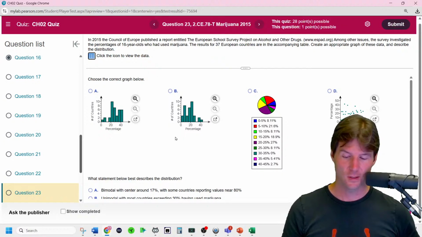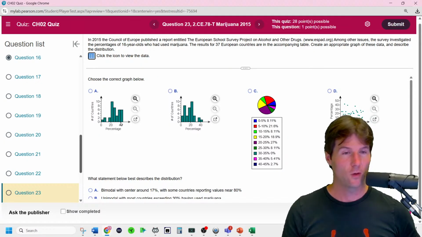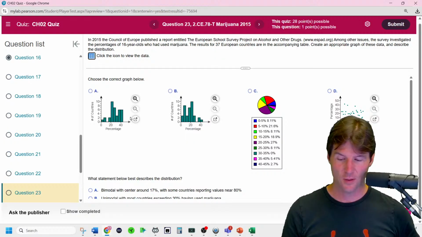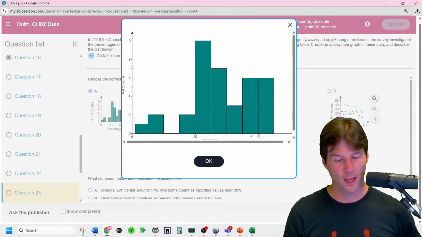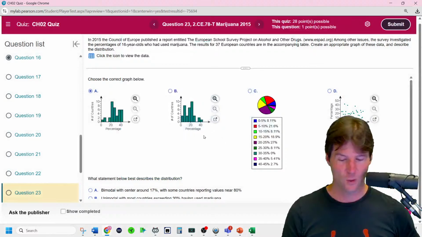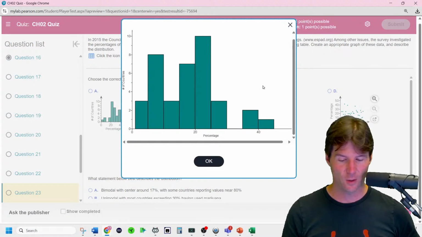Now let's ask this. Is there a lot of data around 40 or not a lot of data around 40? Do you see how this histogram right here has a lot of data around 40, maybe high 30s, low 40s? This one has only a little bit of data around 40 and some data in the 10s.